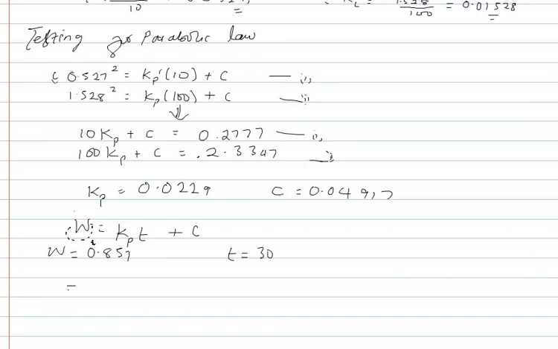Alright, so I'll say my KP is 0.0229 multiplied by my T, which is 30, then plus my C, that's 0.04917. So I'll see whether it will give me 0.857.